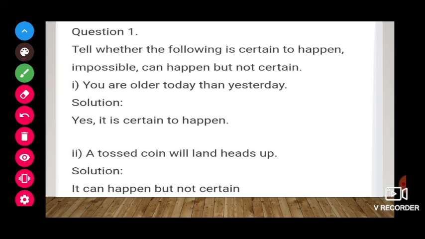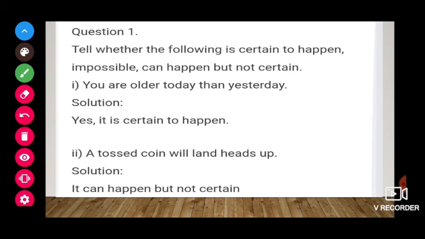see, if we bring something yesterday, then today it will be older than yesterday only, because if today we bring one thing, it is new for today. If we see tomorrow, it will be old. So it is certain to happen. Next, a tossed coin will land heads up.